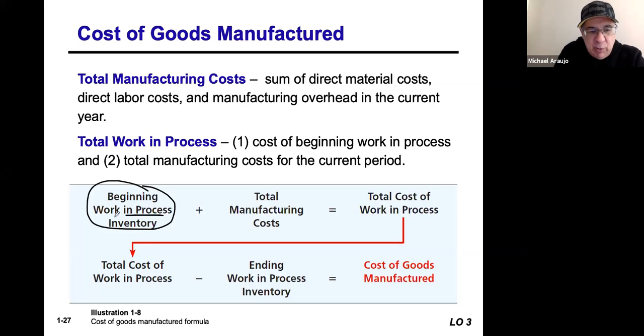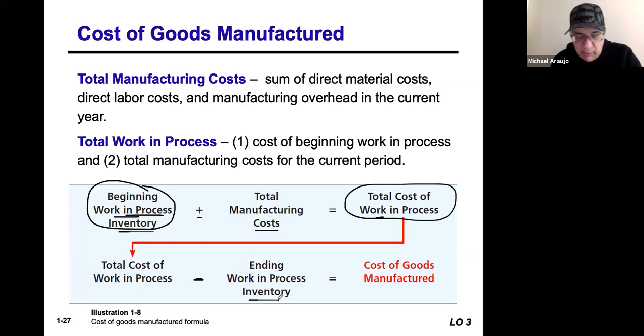They take the beginning work in process inventory, they add the manufacturing costs, and that gives them the total cost of all that work that's in process. Then they subtract from that the ending inventory for work in process, because that's still work in process.